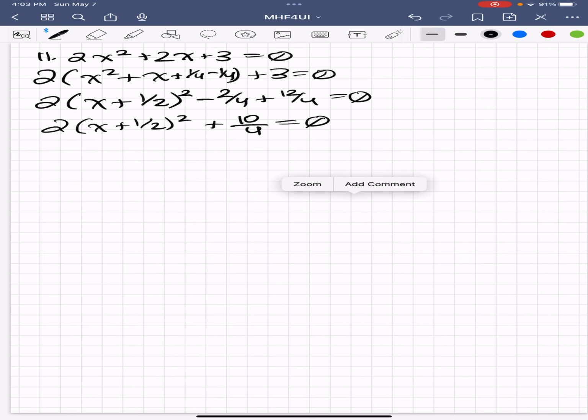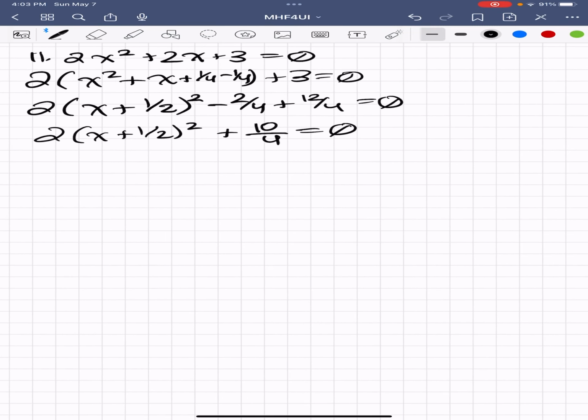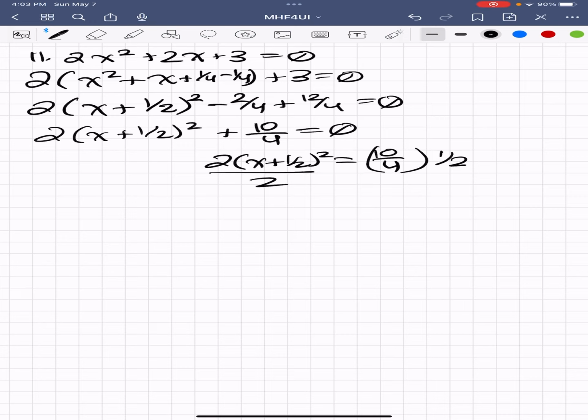And now we've completed the square, and now we need to solve it. So we're going to move this term over here, divide by 2, square root both sides, and move this term over to the other side. That's how you solve it. So 2x plus half, move it to the other side, 10 over 4, divide by 2, or multiply by a half.